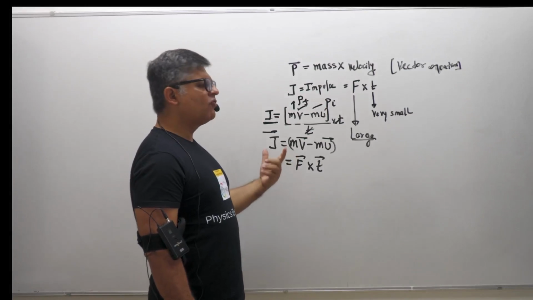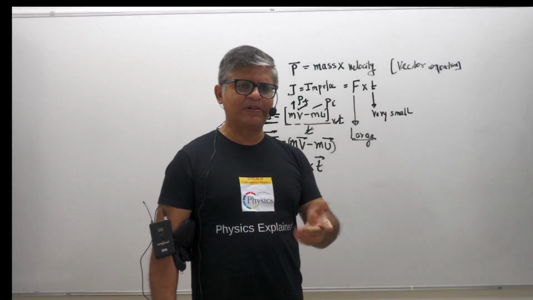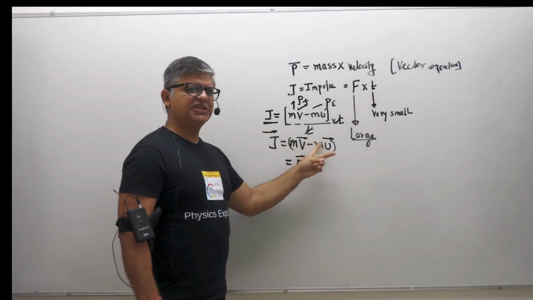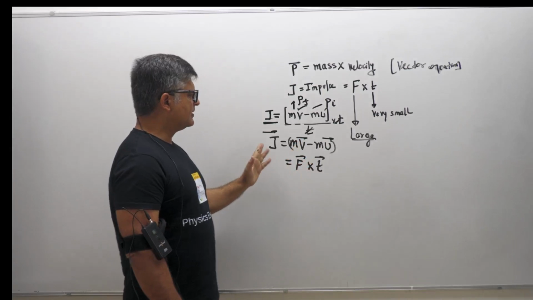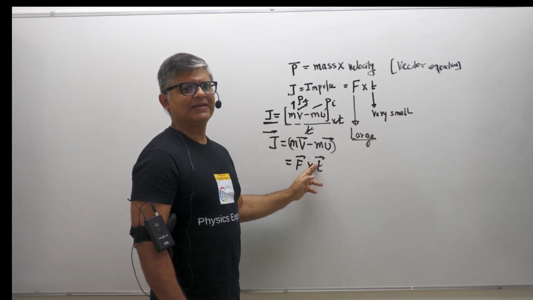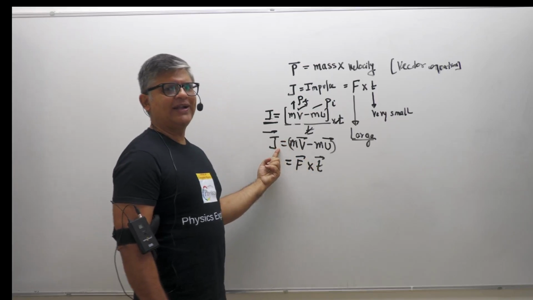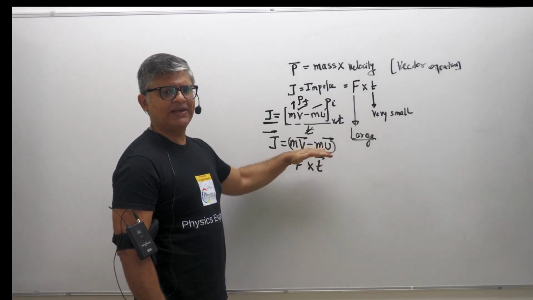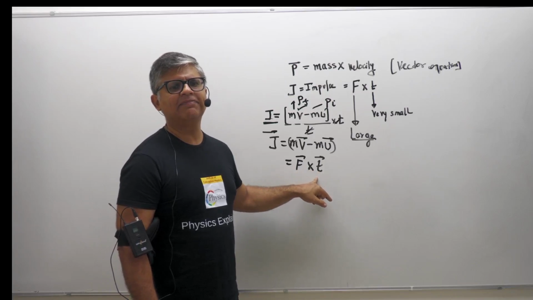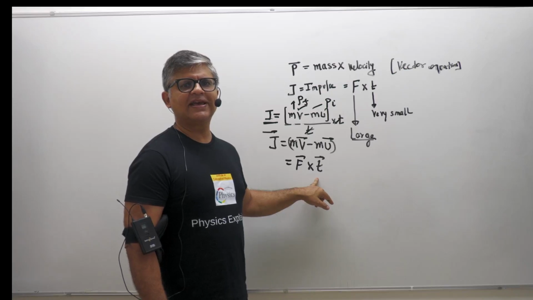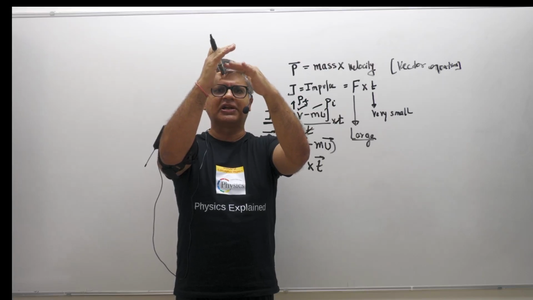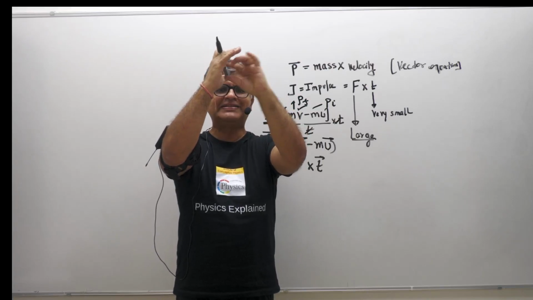Now, if you want to calculate the value of impulse, not the force, you will do change in momentum. So, change in momentum is equal to F into T. So, there are two ways to write impulse. One is this change in momentum. The other is the force generated during the action of impulse and the time for which the bodies stay in contact. The badminton racket or the tennis racket stays in touch with the shuttlecock or the ball for some milliseconds.